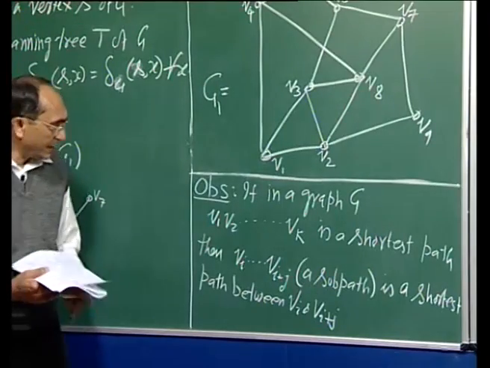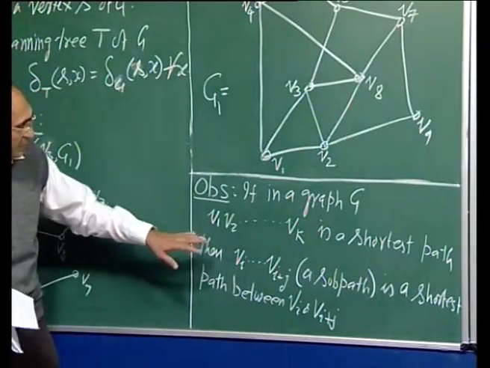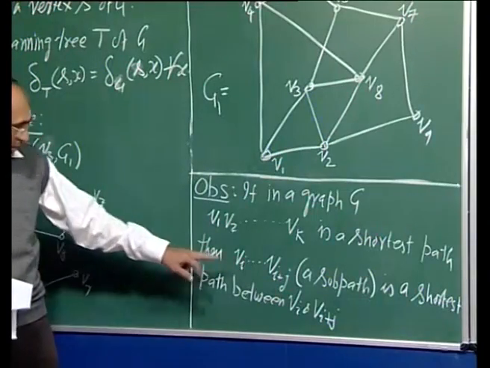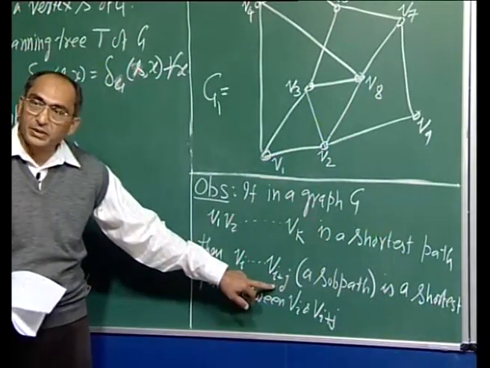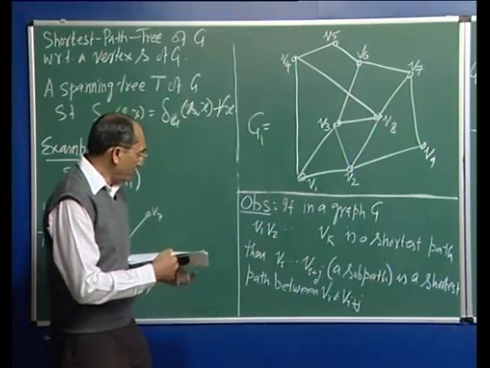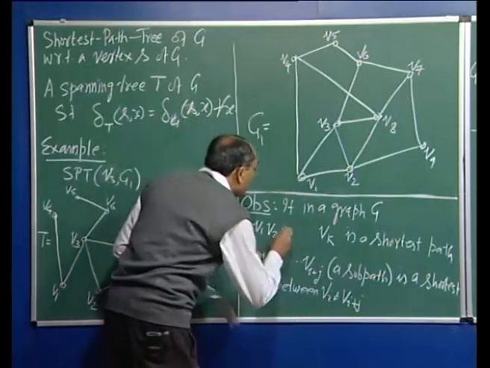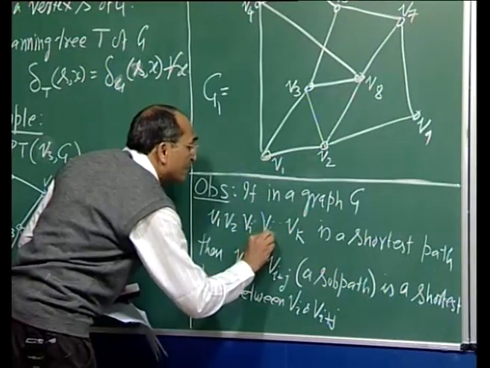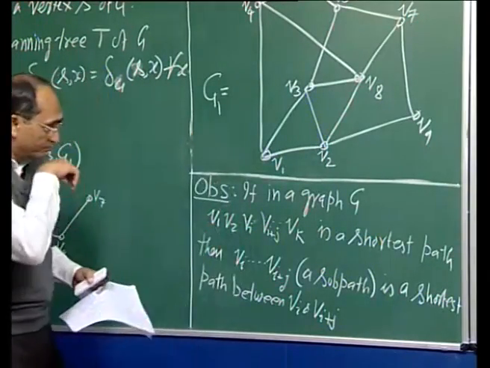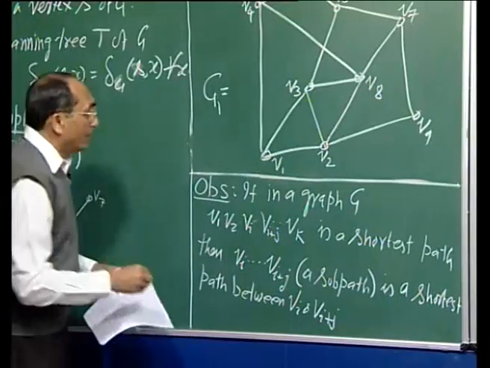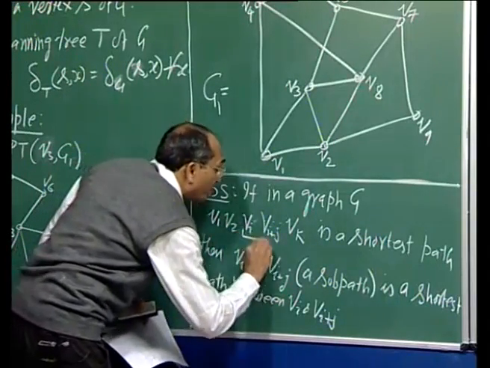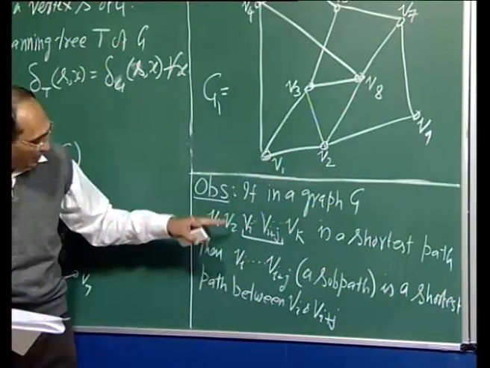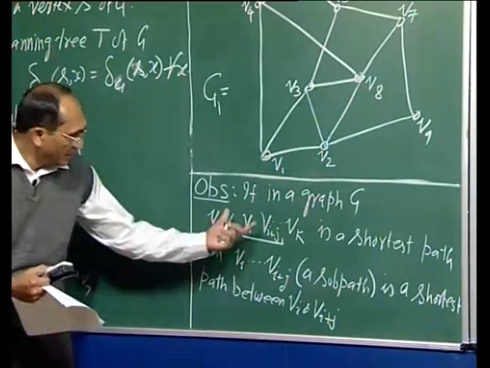And let us get a sense of why, because suppose you had a shorter path between these two. So, what you had was a Vi here and Vi plus j here, and you could discover a shorter path than this one, then you can remove this and plug that path in.